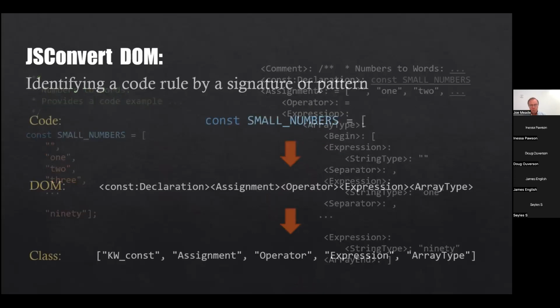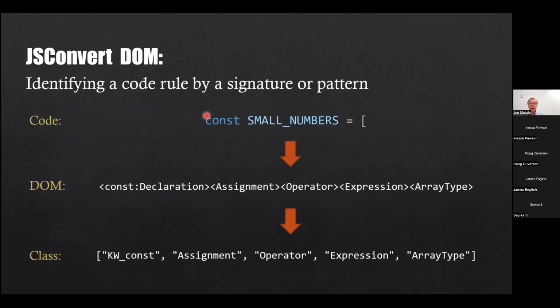Now, how is this useful? You take something like the const small numbers array, and you break it down into a signature where you have const assign operator expression type.